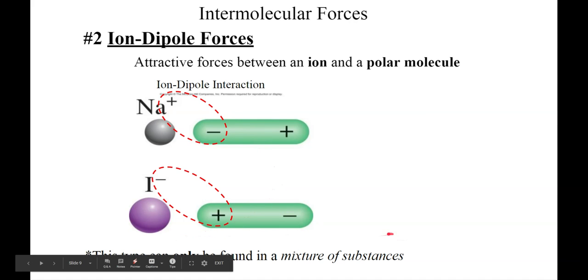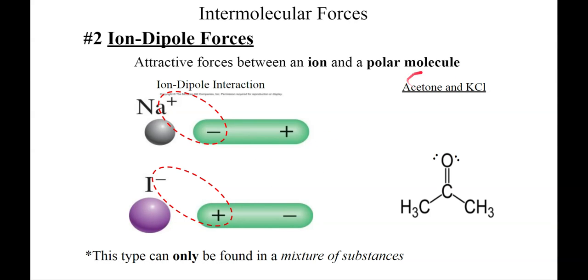Just to mention, this is the only type of force where you have to have a mixture. You have to have an ionic compound like potassium chloride and then something else polar, like in this case acetone. Acetone is polar. There's electron density being pulled to this oxygen, so there's a partial negative charge over here and a partial positive over there.